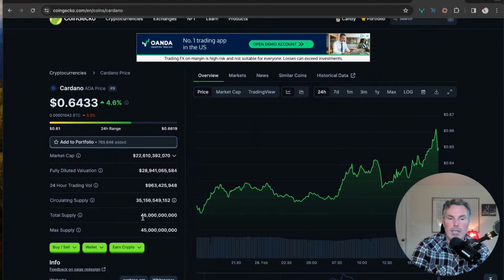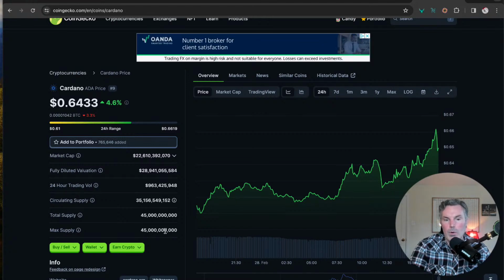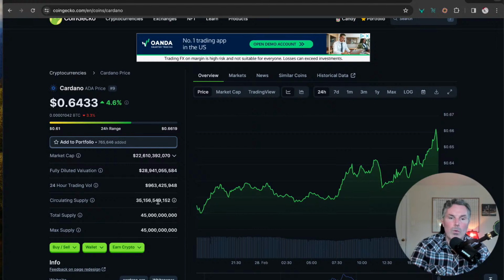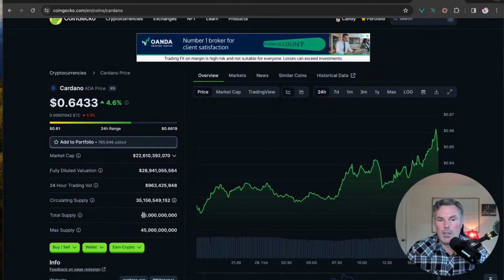Okay, so let's try to do that. And you can see that the max supply of Cardano is 45 billion, and there is 35.1 billion out in circulation. So just like many of the tokens, like Bitcoin, there is this concept of inflation, right?